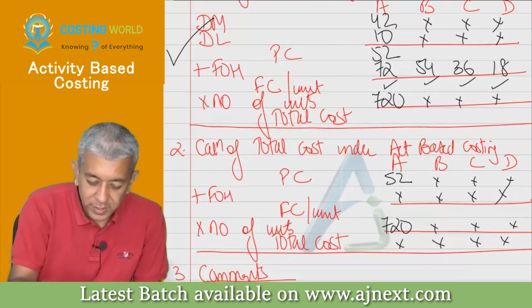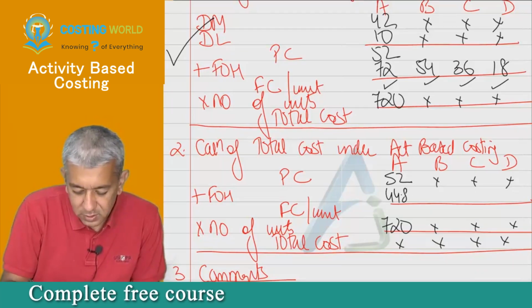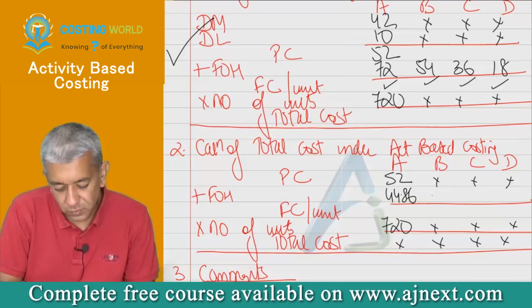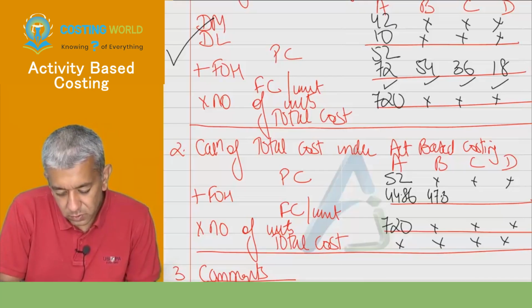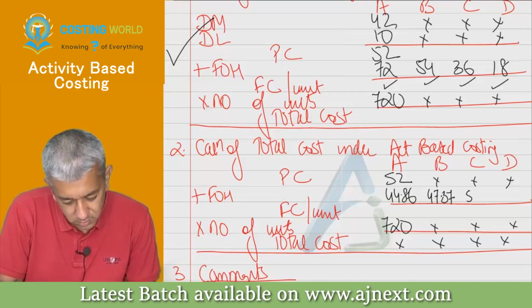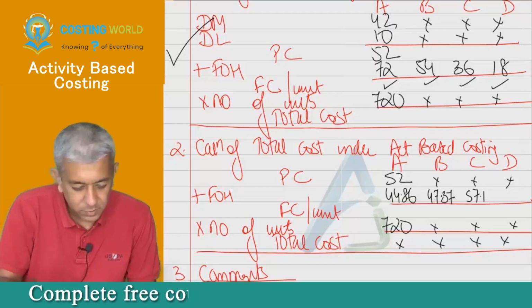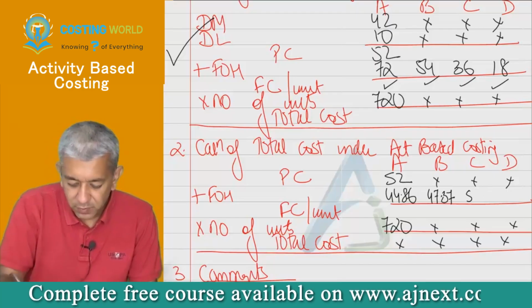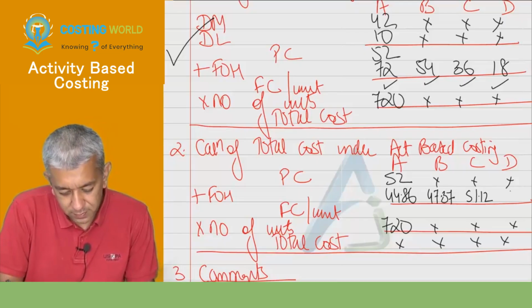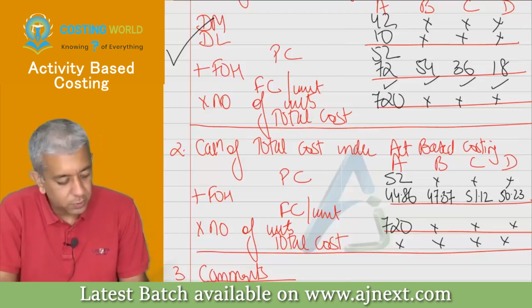You are telling me the overheads, correct? 44.86. 47.37. 57.1. 51.12. I think 51.12 is okay. Then D, 50.23. Kindly check. These should be your answers, please.